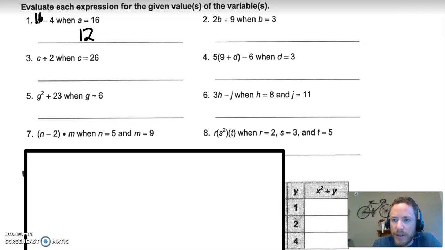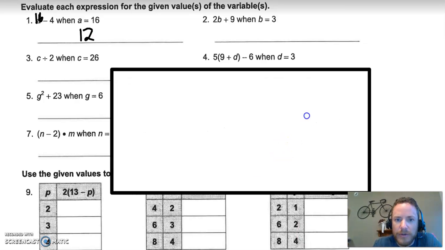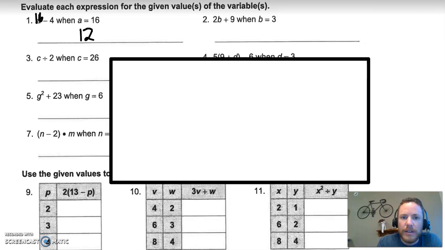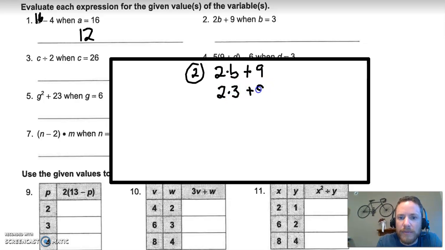The number 2 requires a tiny bit more work. Use my whiteboard here. Number 2 says 2 times b plus 9, and then it says that b is equal to 3, so I'm going to do 2 times 3 plus 9. The order of operations states that I multiply before I add. 2 times 3 is 6, and 6 plus 9 is 15.